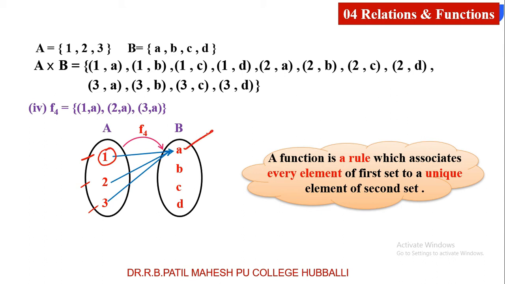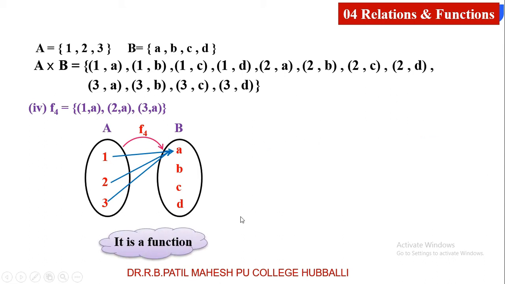Yes. Does 2 have only one element? Yes. Does 3 have only one element? Yes. Therefore all elements of the set A have only one image in the second set. Therefore this relation, this F4, is a function.